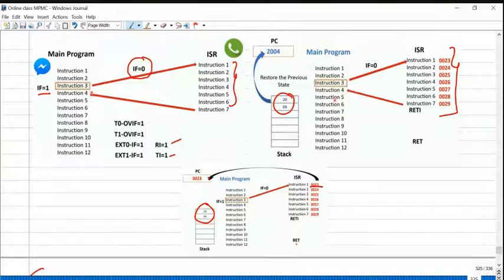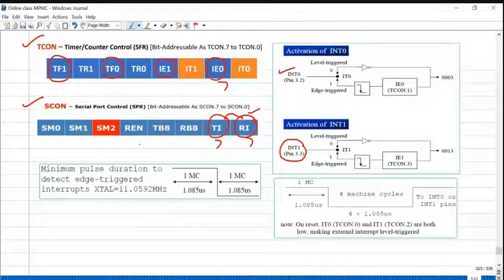In most cases, for serial port communication, we have to reset this particular flag bit manually. So: timer 0 overflow flag bit, timer 1 overflow flag bit, external interrupt 0 flag bit, external interrupt 1 flag bit, transmit interrupt flag bit, receive interrupt flag bit.